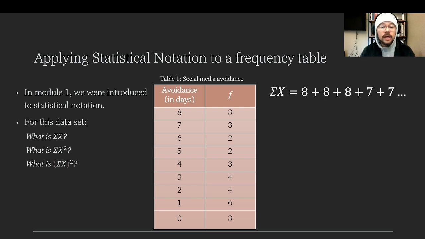I ended up with 105. So if you got 105, and I did my math correctly, now we're on the same page. So your sum of x for this particular table should be 105, right? So that's the sum of x, adding up all the scores in your data set together to determine the total number of, in this case, days of social media avoidance.